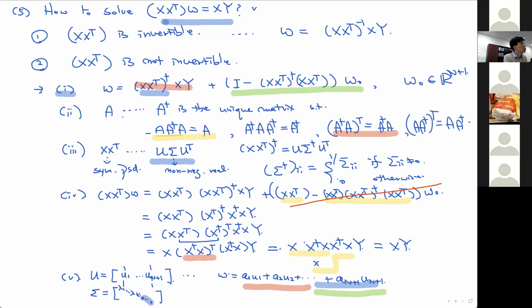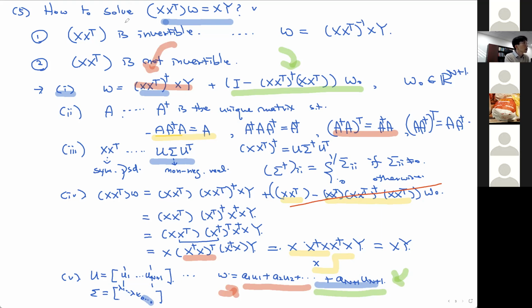So the first provides information about the components for which the corresponding eigenvalues are non-zero. The second provides information about the components for which the corresponding eigenvalues are zero.